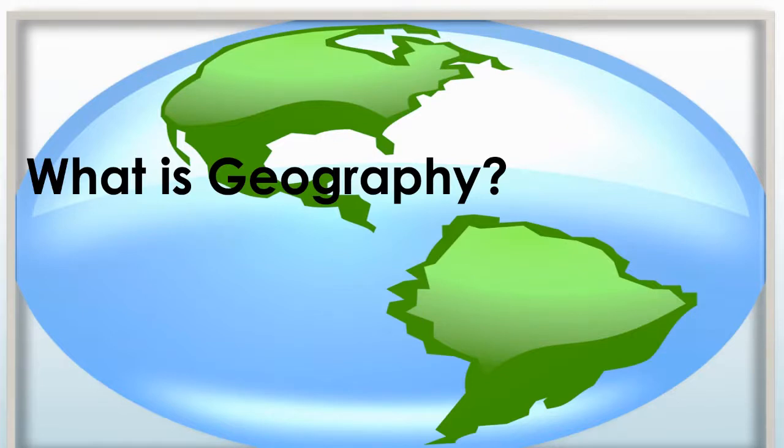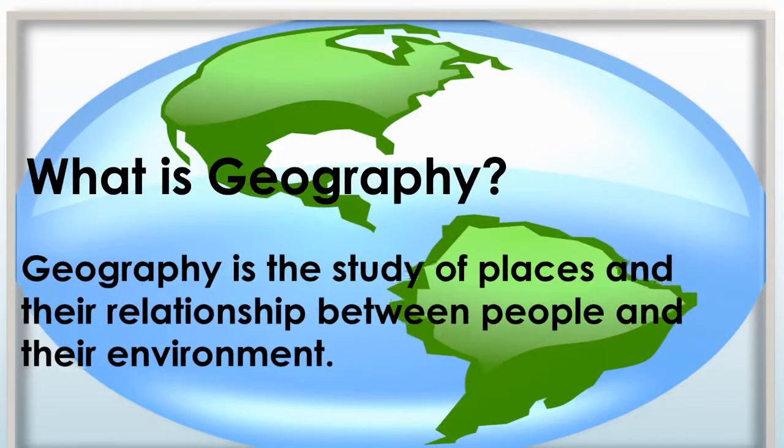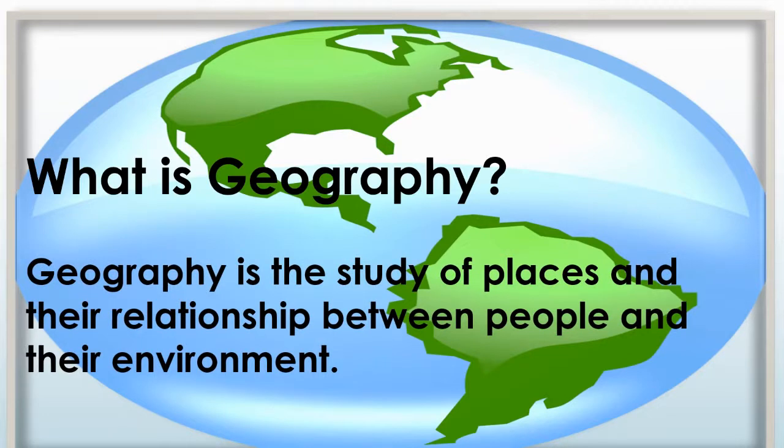So here, geography is the study of places and the relationship between people and their environment. Geography seeks to understand where things are found, why they are there, and how they develop and change over time.